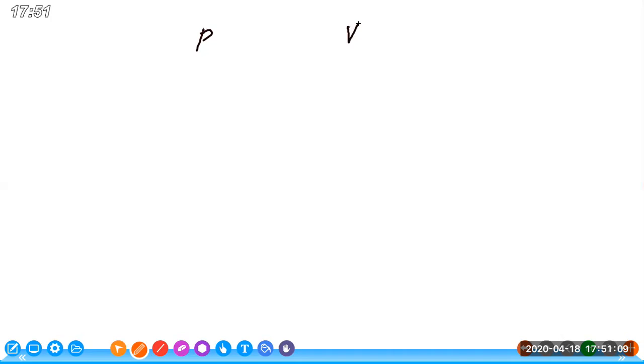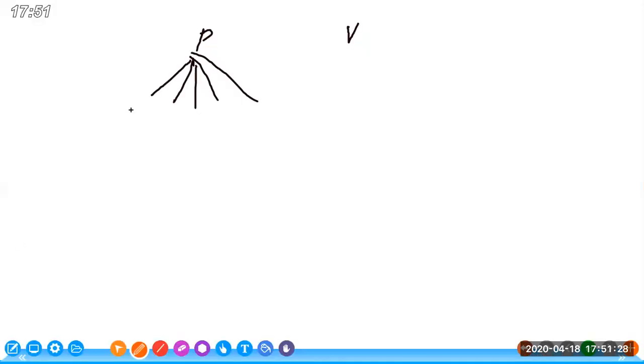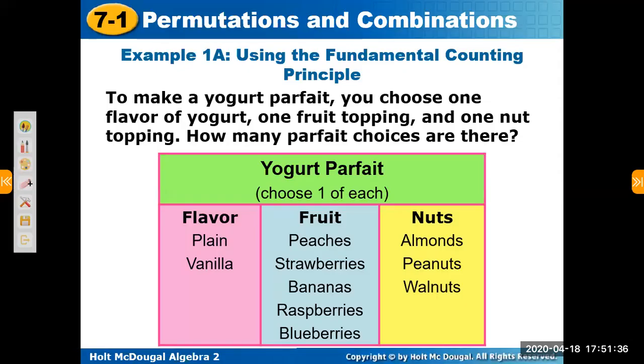Then from each of them I can add 5 fruit flavors: peaches, strawberries, bananas, raspberry and blueberry.